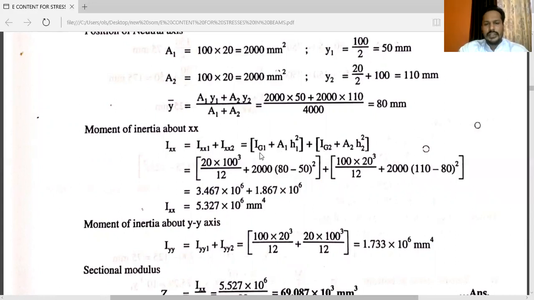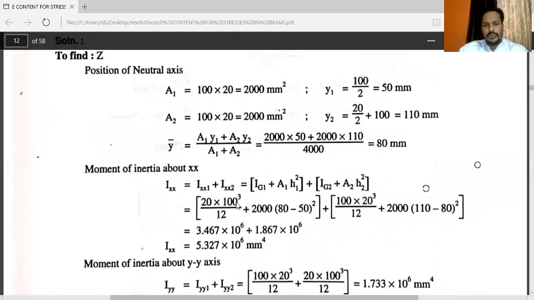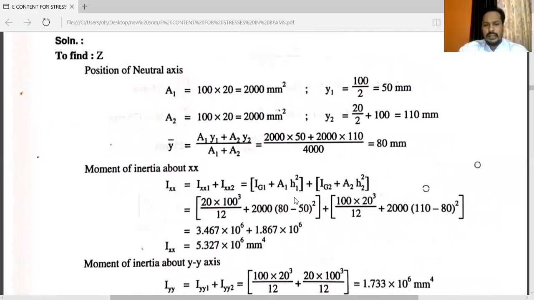We know that Ig for a rectangle is base into d cube by 12, plus we have the area, and h1 is nothing but the difference between y bar and y. So here y bar is 80, so (80 minus 50) whole bracket square.